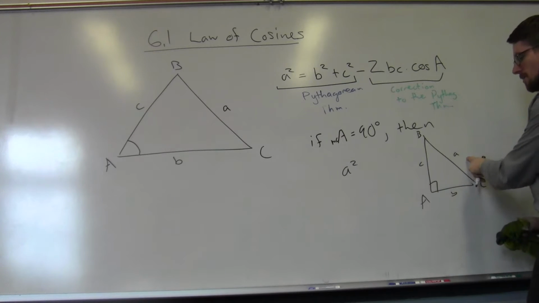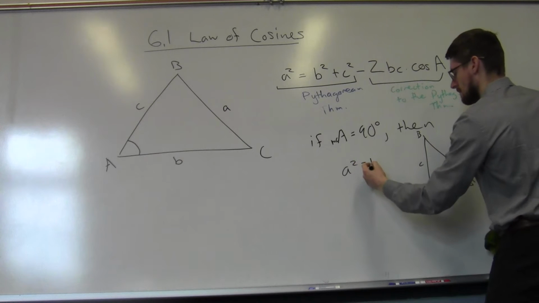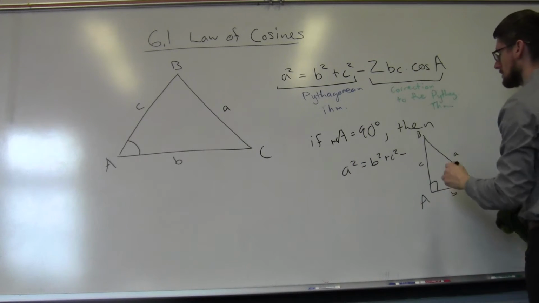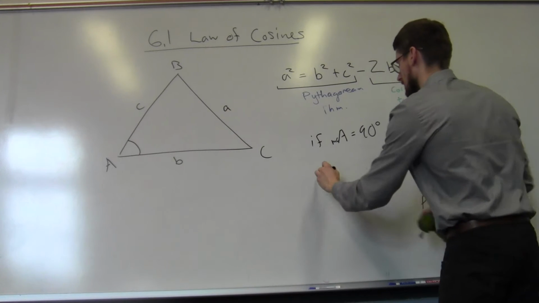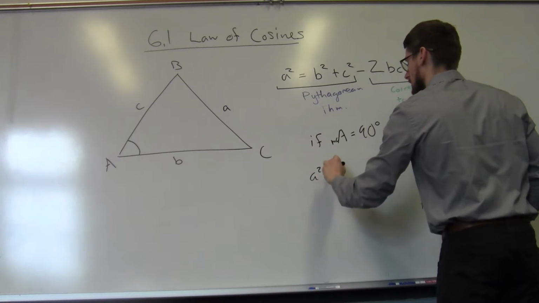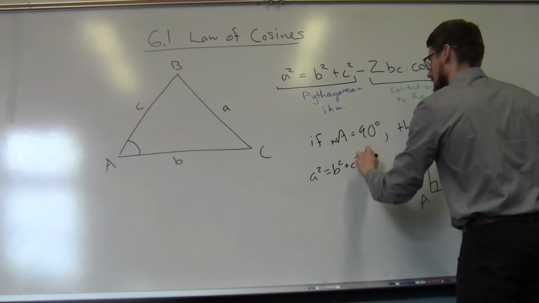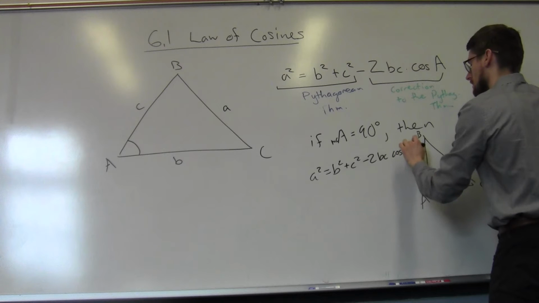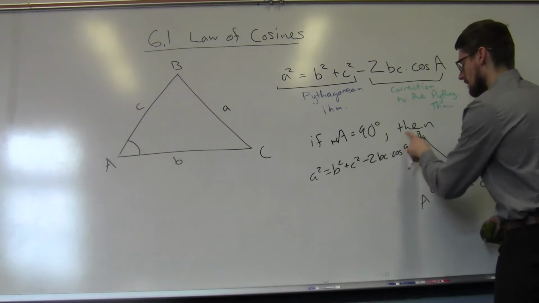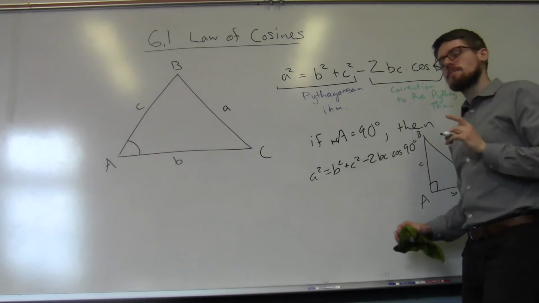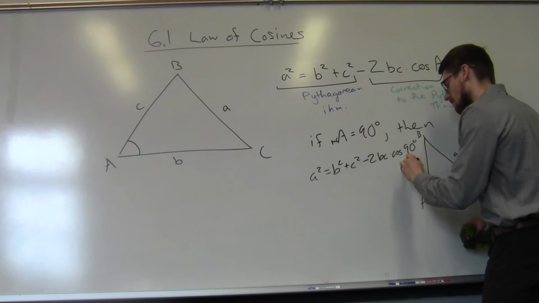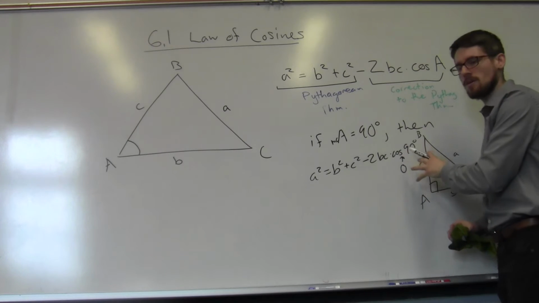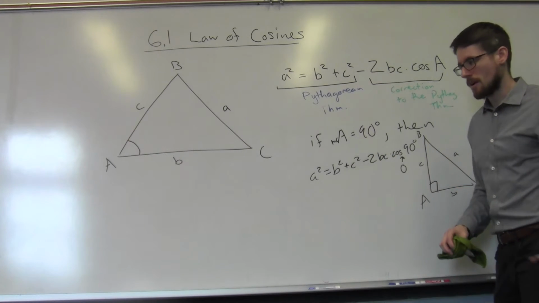A squared equals b squared plus c squared minus 2bc cosine A. You write that over here. So a squared equals b squared plus c squared minus 2bc cosine of 90 degrees. And the cosine of 90 degrees, as we recall from the unit circle, is equal to 0. And so this correction term is 0, and it's just the Pythagorean theorem.